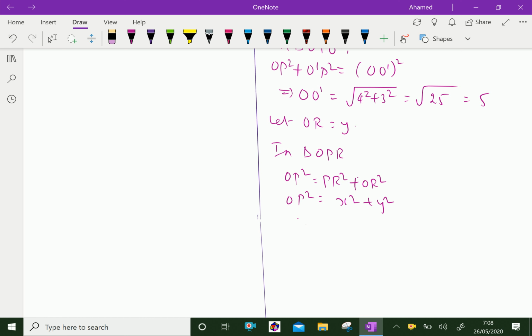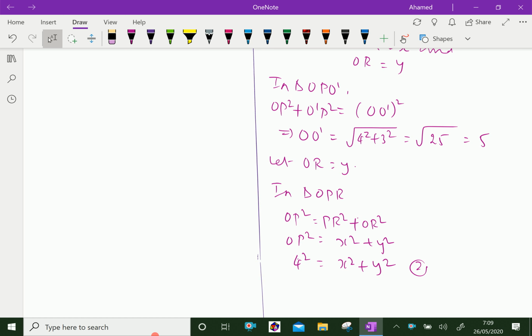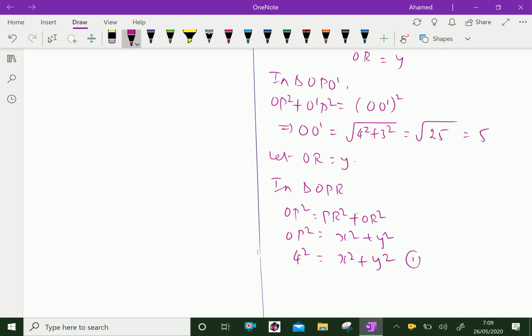Now OP already is 4, so 4 square equals x square plus y square, that is 16. Let this be equation 1.